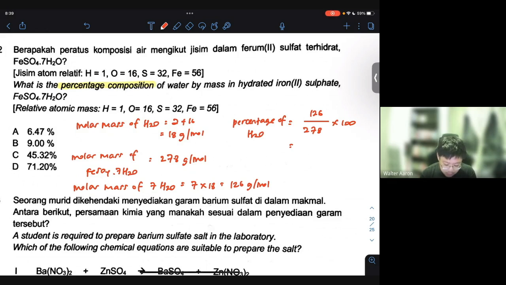The answer here will be 45.32%. So the answer is C. Very easy. You can use this for any compound or elements inside a compound. This is the way they calculate percentage by mass.